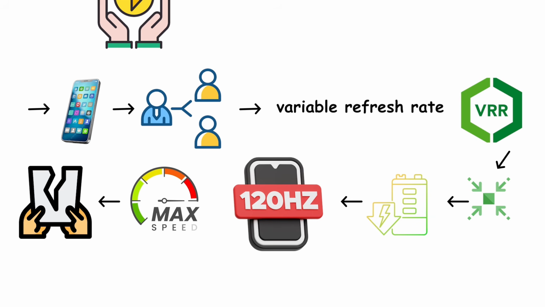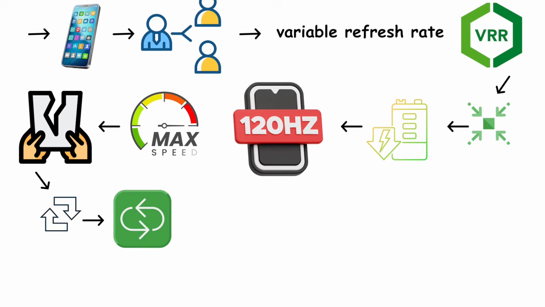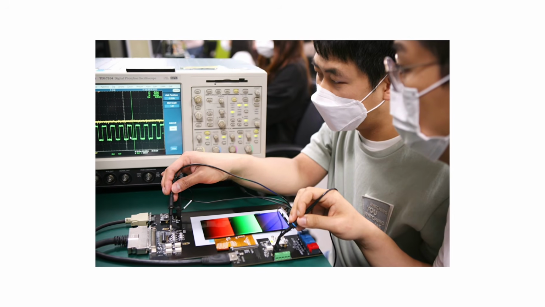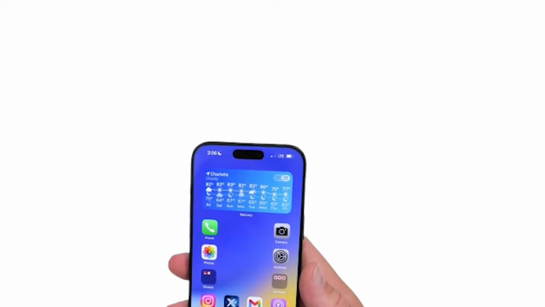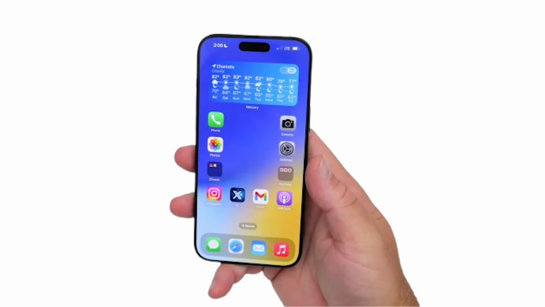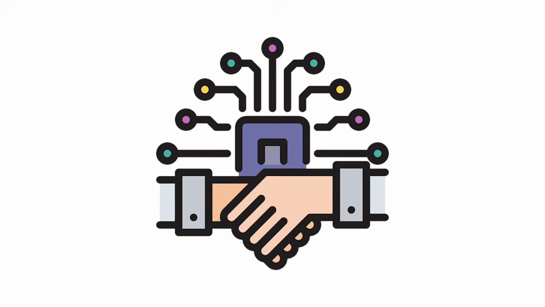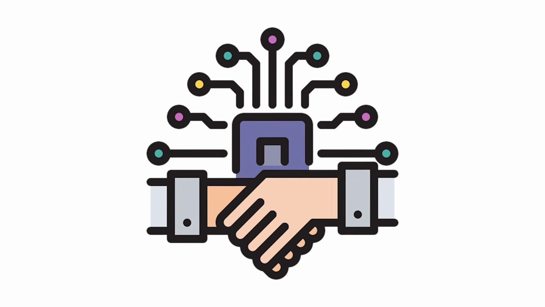It also prevents screen tearing by synchronizing the refresh cycle with the graphics processor's frame output. Adaptive refresh technology has become essential for balancing performance and efficiency, allowing smartphones with high refresh screens to maintain long battery life without compromising responsiveness or visual quality.